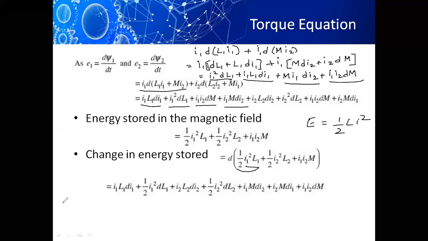So I'm deriving half I1 square L1. Half is a constant, it will come outside. I will have I1 square dL1 plus L1 times the derivative of I1 square, which is 2 I1 dI1.